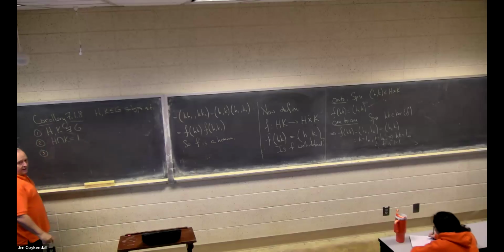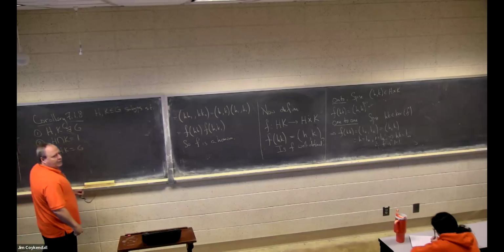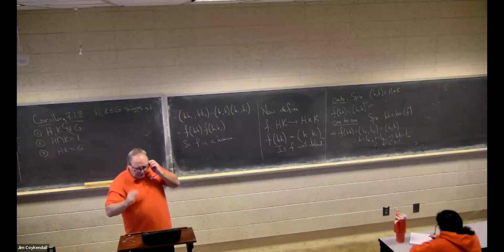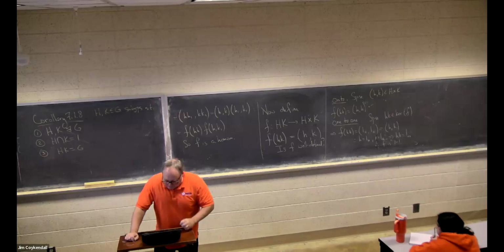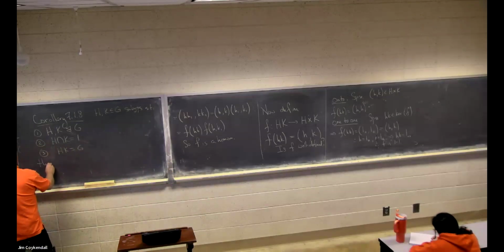And three, the first two are exactly like the previous result. Three, suppose those two subgroups put together make all of G. Anybody got the conclusion here?